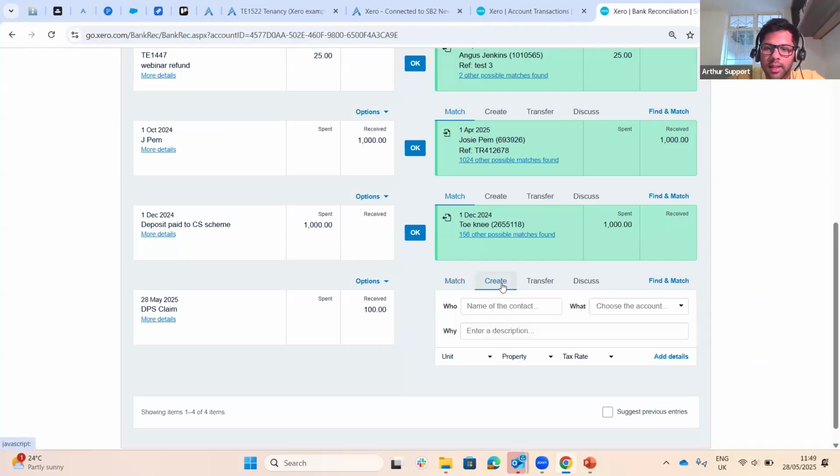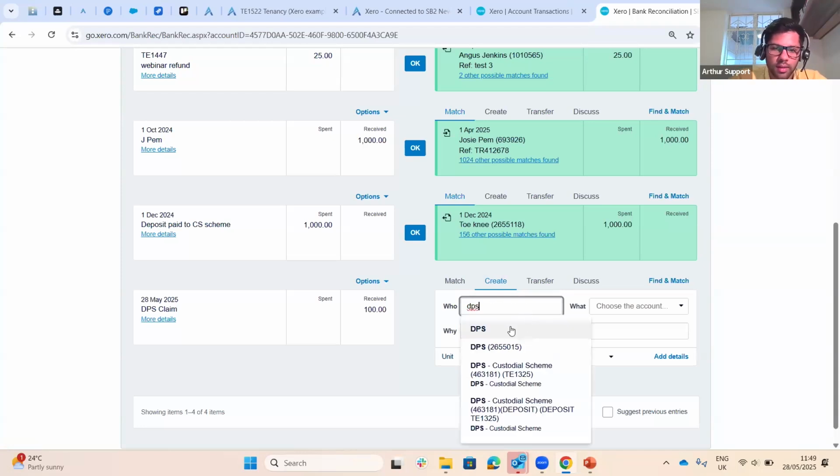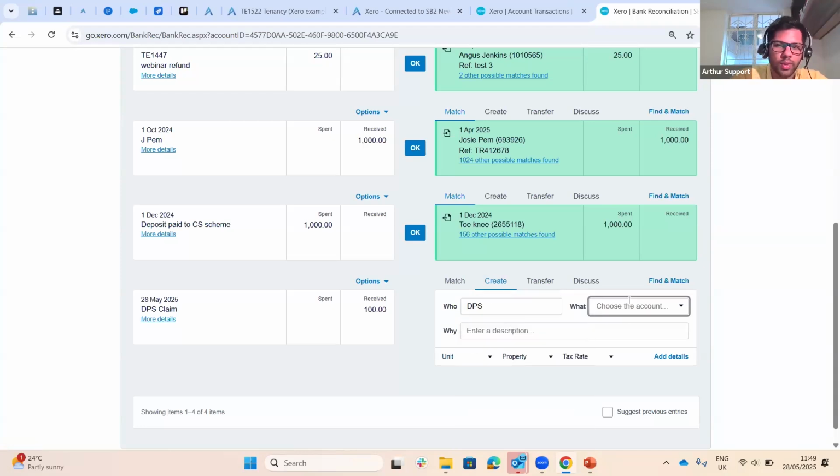And then the way you reconcile that is any money received from the DPS would be the same way. Put the DPS amount in there and then put the DPS control in here. And then you can just put the description, repair, claim or something.